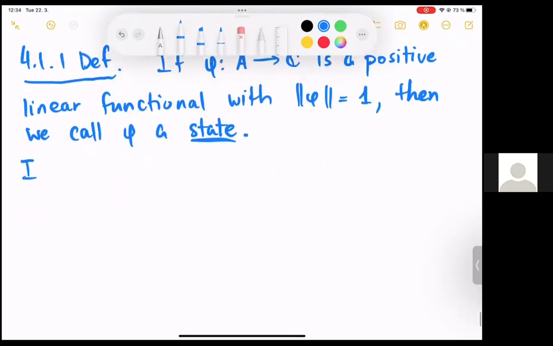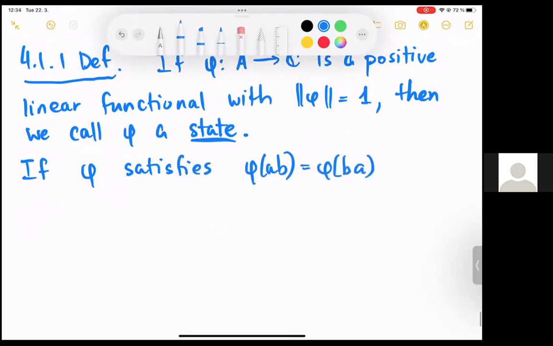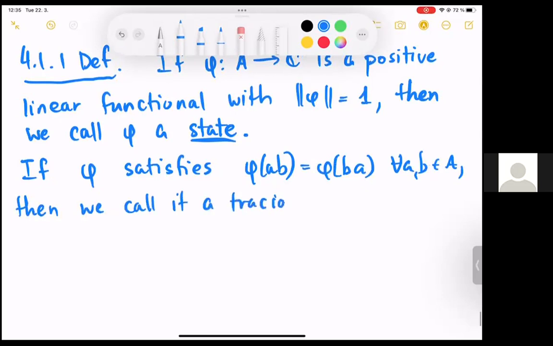If our functional satisfies phi of AB equals phi of BA for every A and B, then we call it tracial. And of course, we can also have the combination, which would be a tracial state.